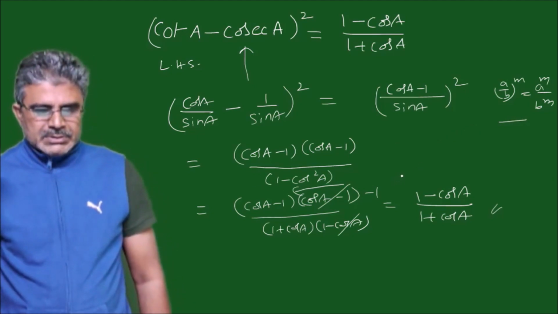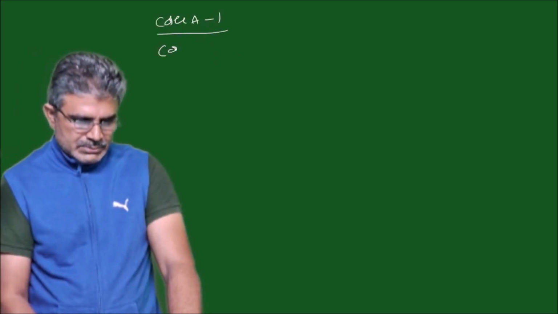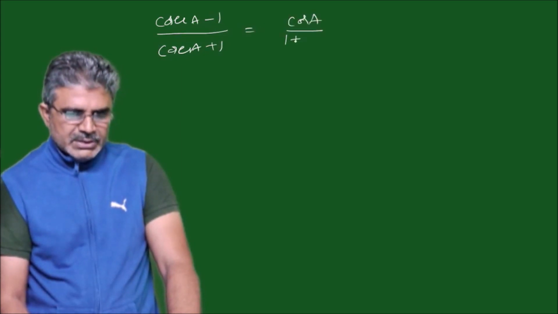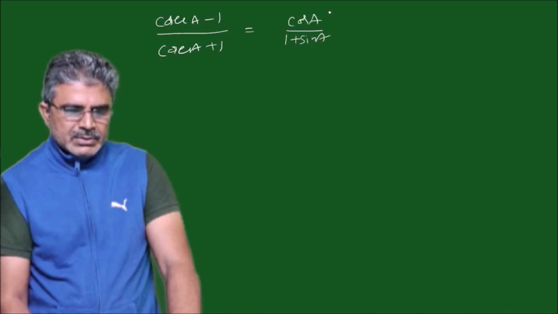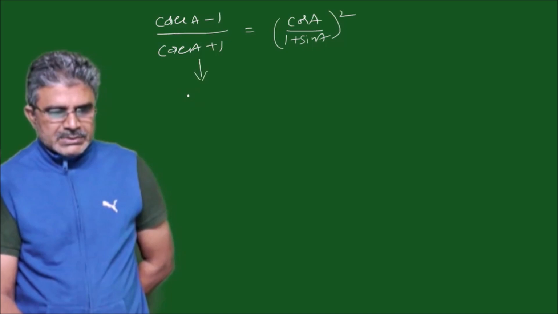Our next problem is (cosecant A minus 1) divided by (cosecant A plus 1), which should be equated to (cos A by (1 plus sin A)) whole square. So consider the LHS.